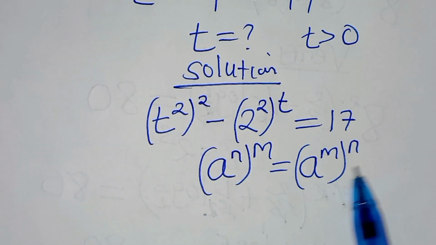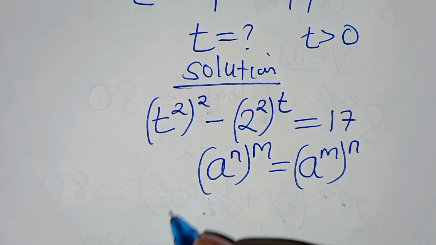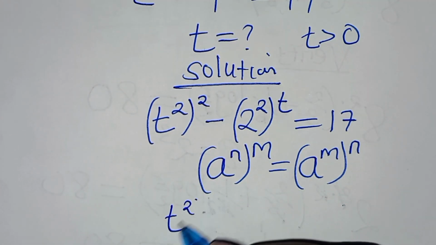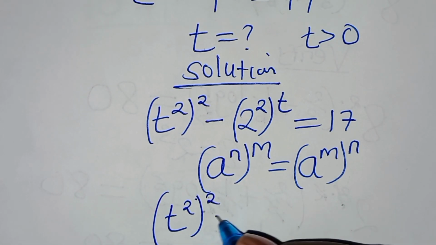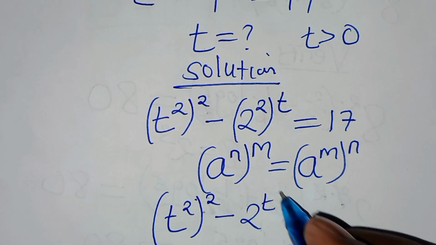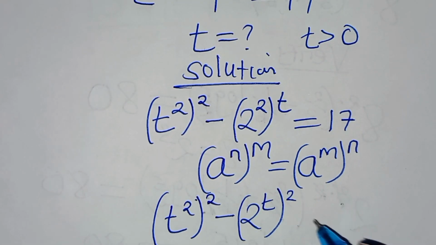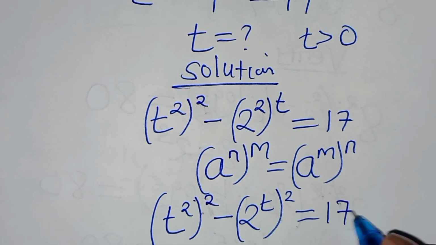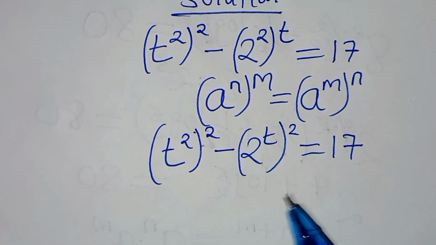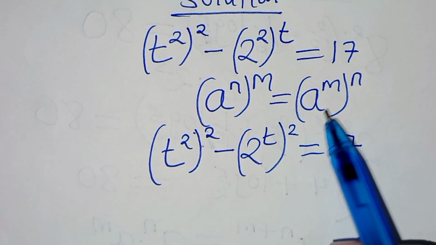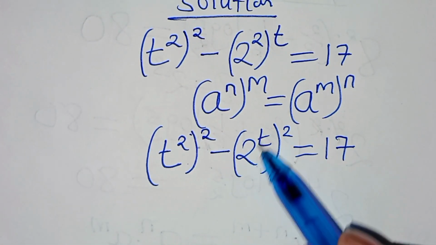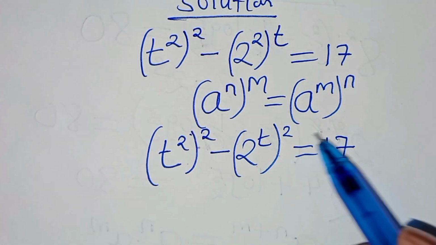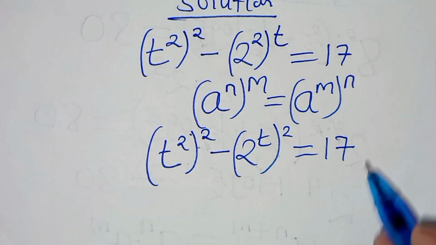Applying this exponent property, we have t to power 2 squared minus 2 to power t squared. This is equal to 17.